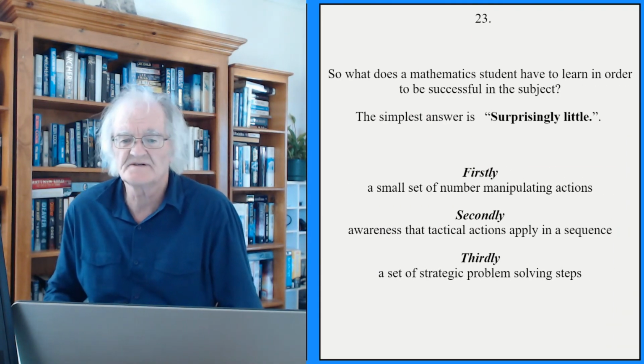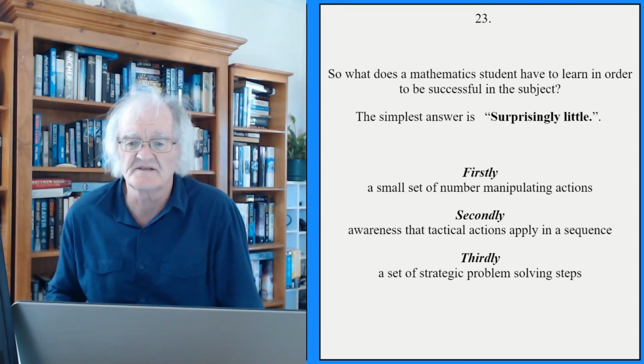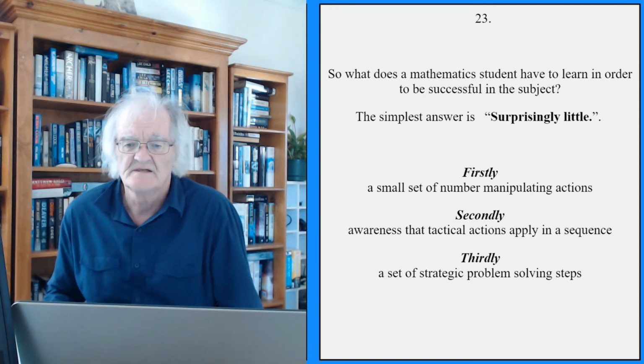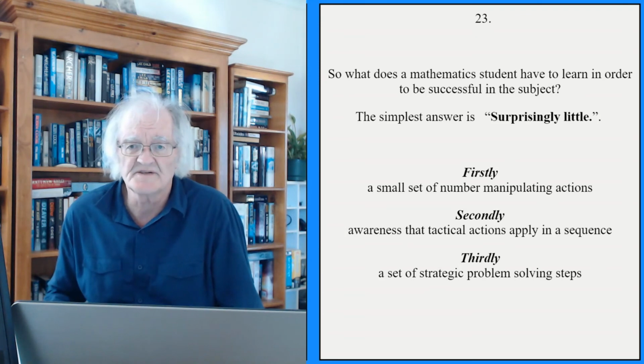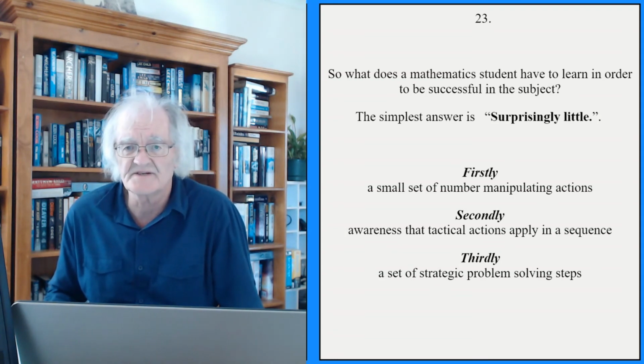So what does a mathematics student have to learn in order to be successful in the subject? The simplest answer is surprisingly little. Firstly, they need a small set of number manipulating actions. Secondly, they need an awareness that tactical actions apply in a sequence.